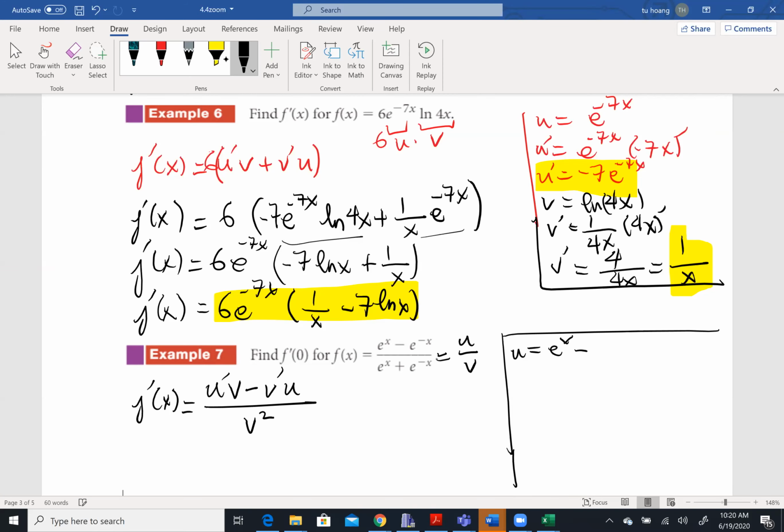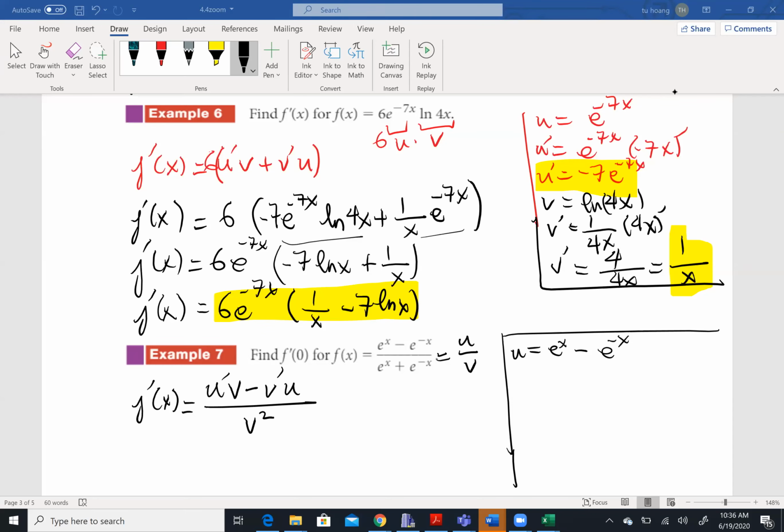Now I'm gonna have to do some side work for u equal to e to the x minus e to the negative x. And u prime will be equal to e to the x, itself, right? This is just a natural exponential function with no composition, so itself. And then minus for the e to negative x, this is a composition because the power now has a negative of x.